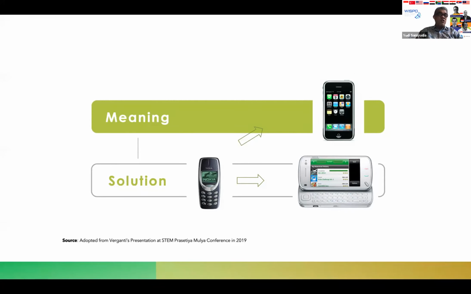It is a more meaningful product, even though in terms of technology or communication it was not as strong as Nokia at that time. But now, as you can see, the impact of Apple or iPhone on our society is very significant.